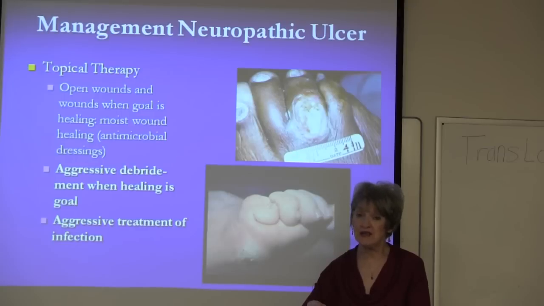So if your goal is healing and the wound is necrotic, ideally you would like to get that wound surgically debrided. If you have an open wound and you're pushing for healing, get it surgically debrided if the patient's a candidate. If the patient's not a candidate for instrumental or surgical debridement, you're probably going to go with Dakin's because it will dissolve the necrotic tissue and control bacterial loads.